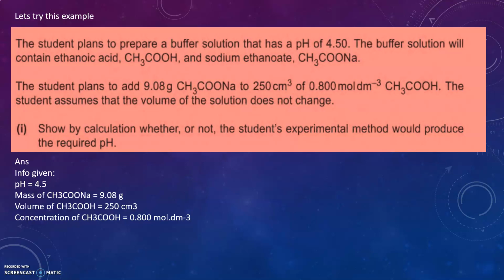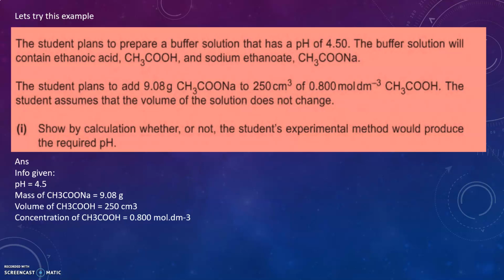The student plans to add 9.08 g of sodium ethanoate to 250 cm³ of 0.800 mol per dm³ ethanoic acid. The student assumed that the volume of the solution does not change. You're asked to show by calculation whether or not the student's experimental method would produce the required pH.